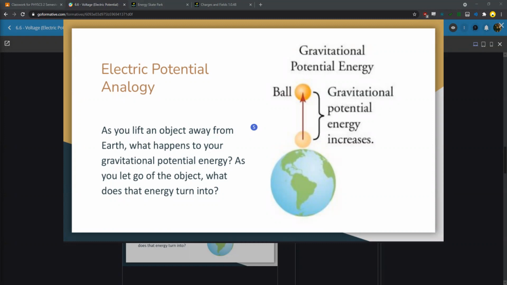Some of you guys are saying that my gravitational potential energy decreases as I lift the object. There is gravity in space. I'm just going to correct that.